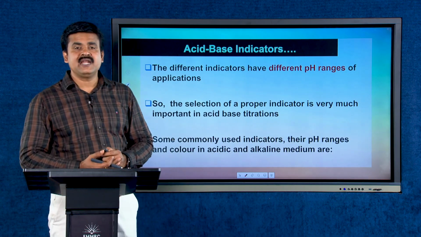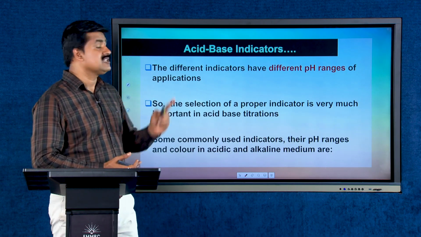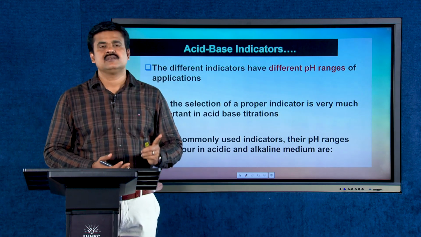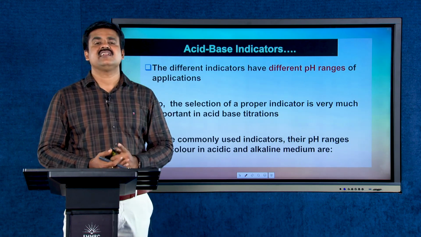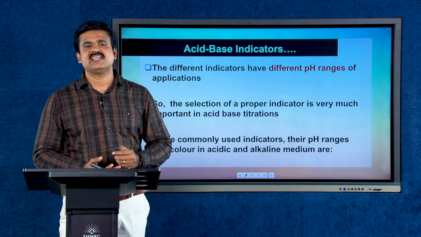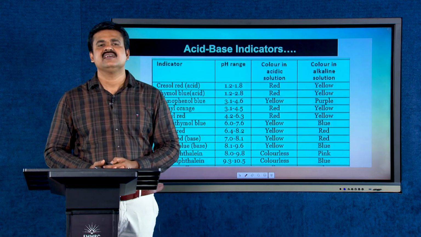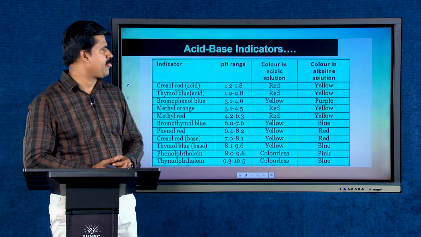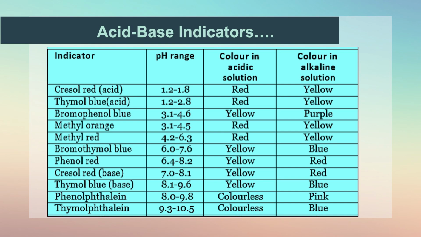Some commonly used indicators, their pH range and color in acid as well as alkaline medium are shown here in tabular form. There are several acid-base indicators. Their pH range is also shown. Color in acid solution and color in alkaline solution are shown separately.